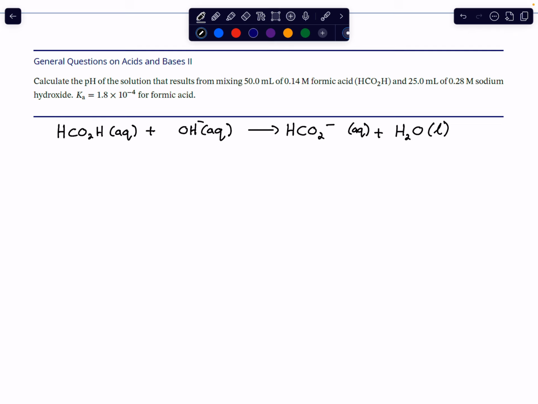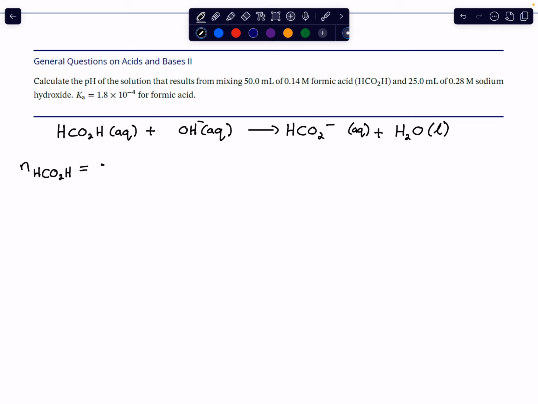Now, because we are asked to calculate the pH, we need to determine what is the species that's going to dictate the pH. So let's first analyze whether or not there's any of our reactants in excess or limiting. So let's first determine the number of moles of the formic acid.